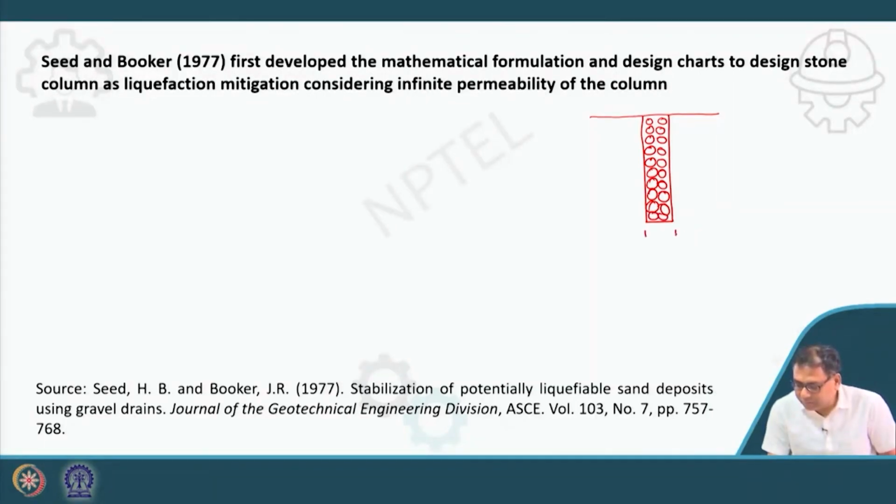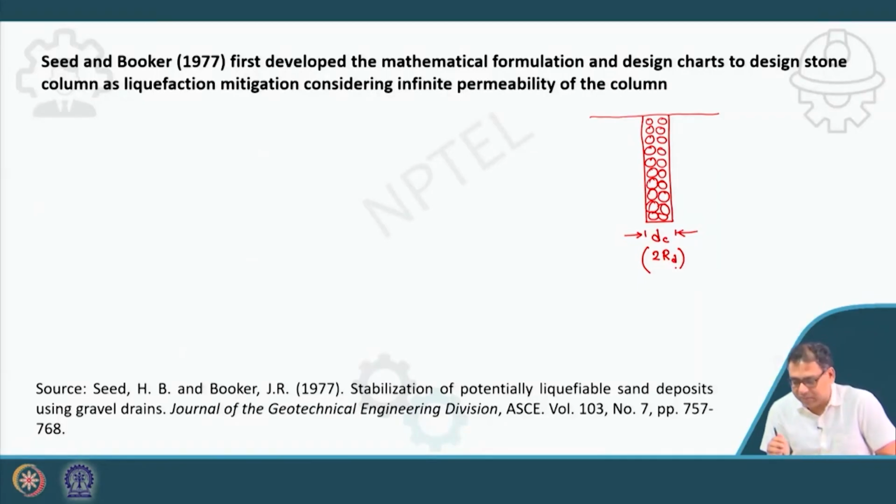That means this is DC, the diameter of the column, which has been written here as 2RD, radius of the drain, because in different papers different notations are used and the design charts are developed accordingly. So it is very difficult to use one particular notation, but I will explain the meaning of those notations, because sometimes they have the same meaning.